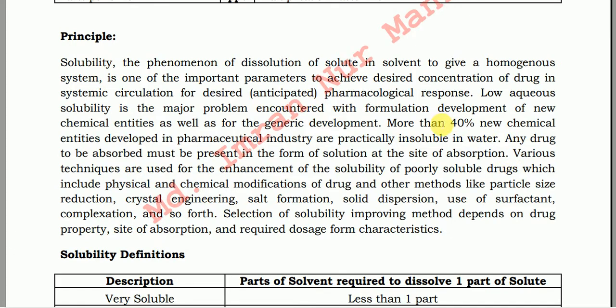If we want any pharmacological response from the drug, it must be solubilized in water. If the drug does not solubilize in water, it will not be able to enter the systemic circulation or the blood. And if it does not enter the blood, then it will not be able to reach the site of action.